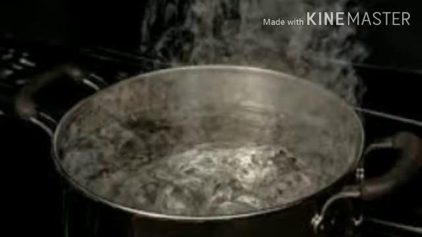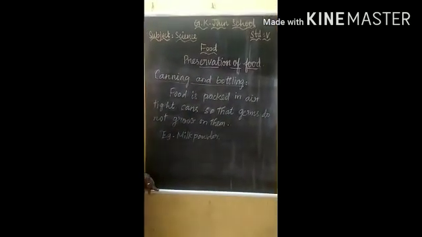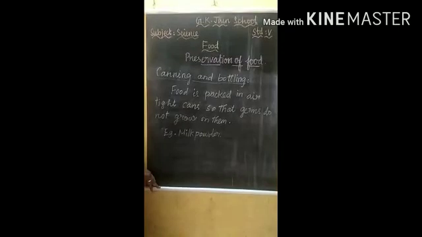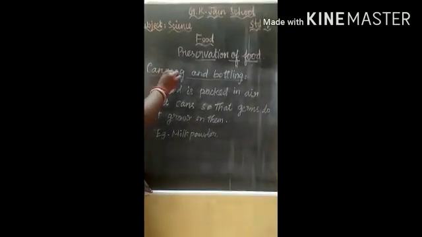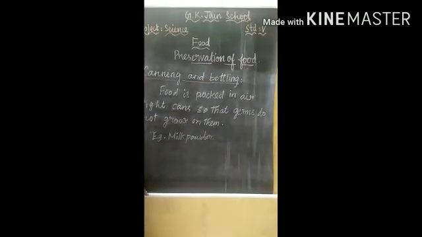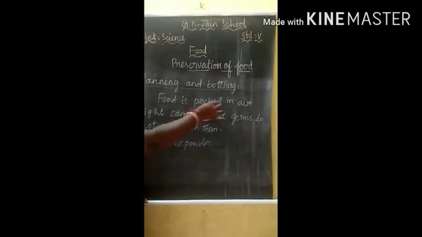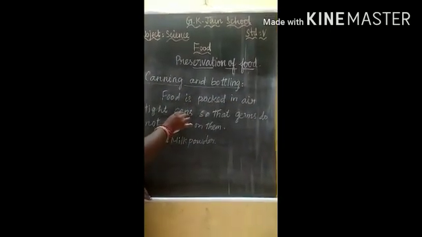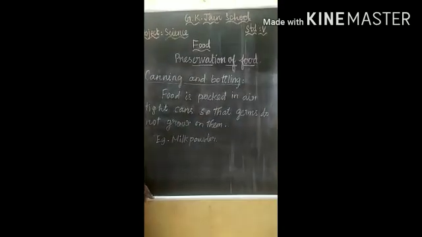We move on to the next method, canning and bottling. Canning and bottling means putting the food materials in cans and bottles. Food is packed in airtight cans so that germs do not grow on them.